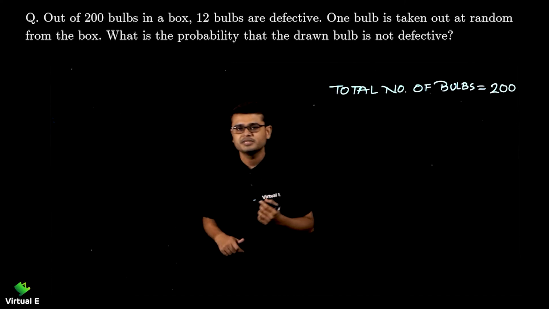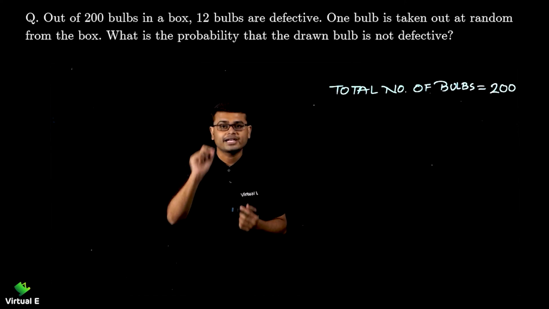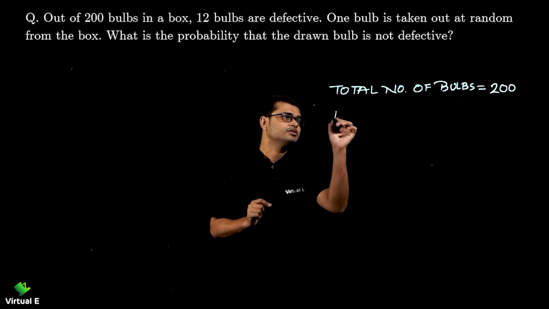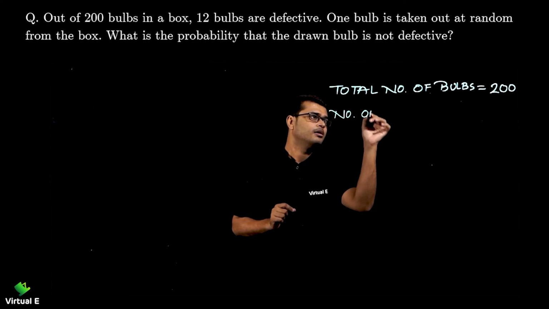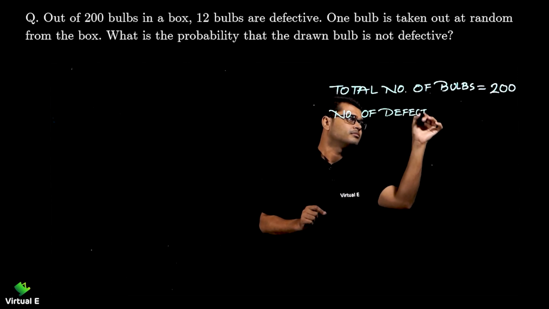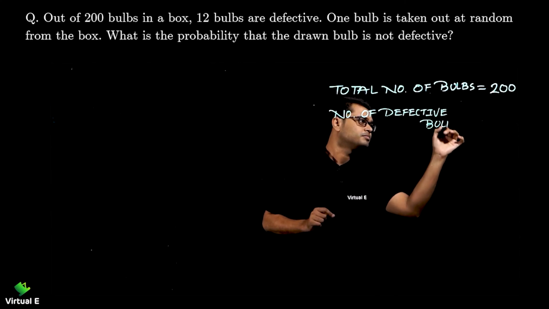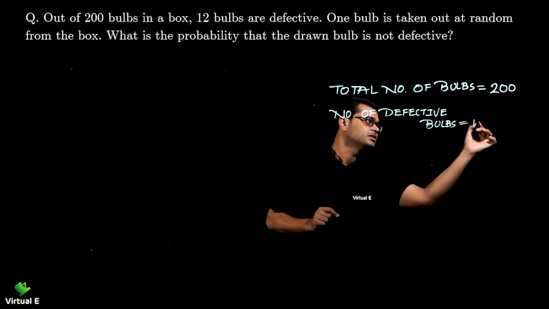Done? Simple. Now what do we have? One more information. Number of defective bulbs. Let's write. Number of defective bulbs, that is 12.